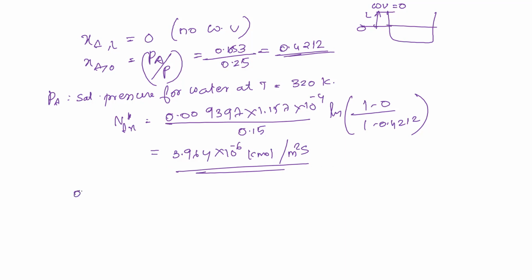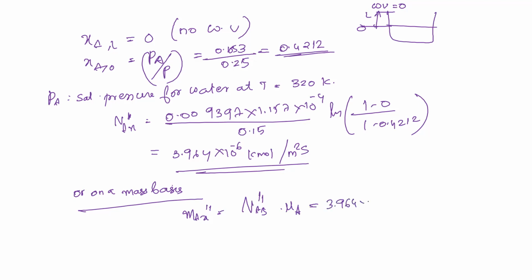Or on a mass basis, NAx into the molar mass of A: 3.964 into 10 raised to minus 6 into 3600 into 18, the molar mass.